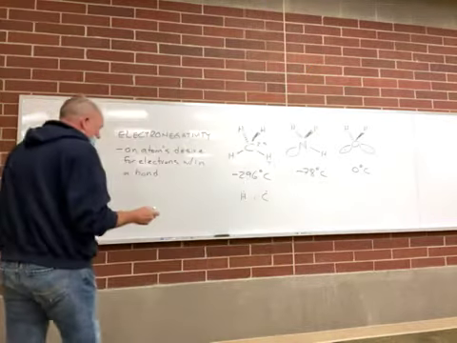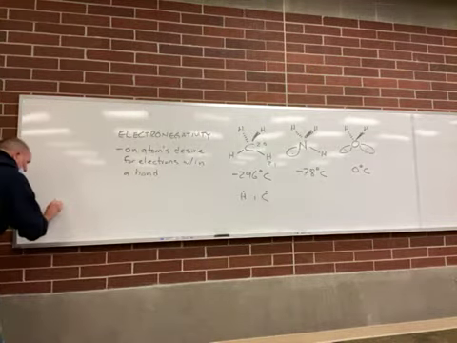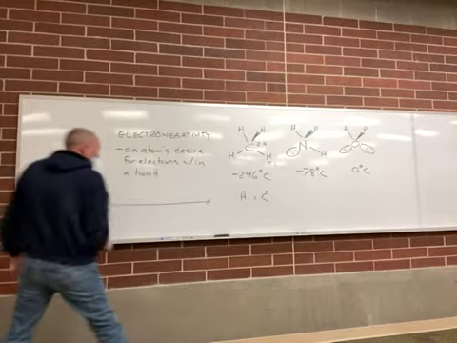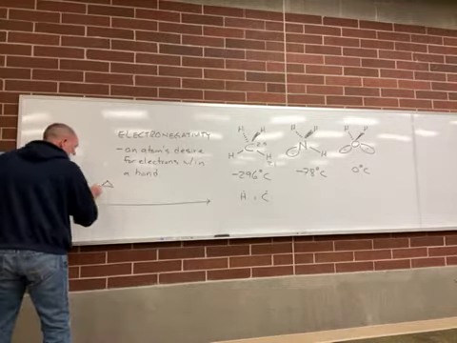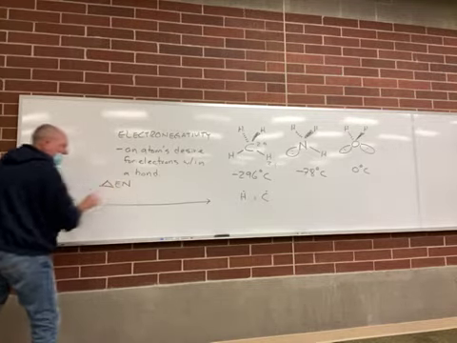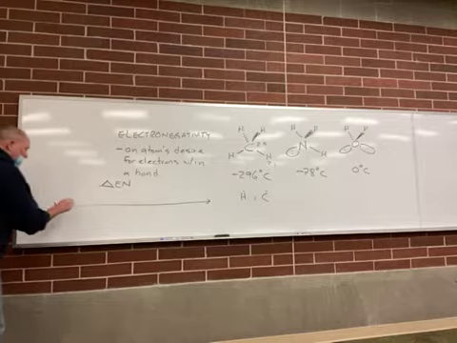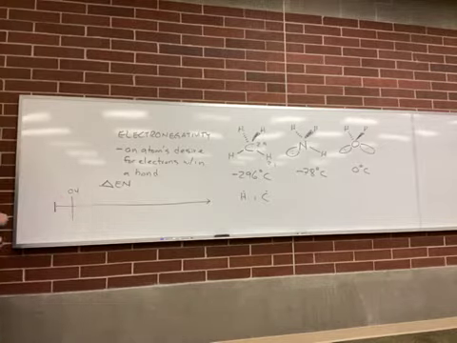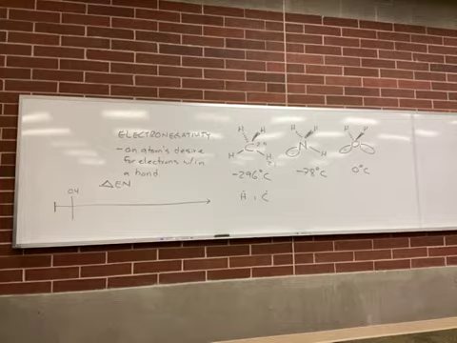So, on our continuum of a difference, delta, difference in electronegativity, our first stick in the sand is a delta En of 0.4. Okay?